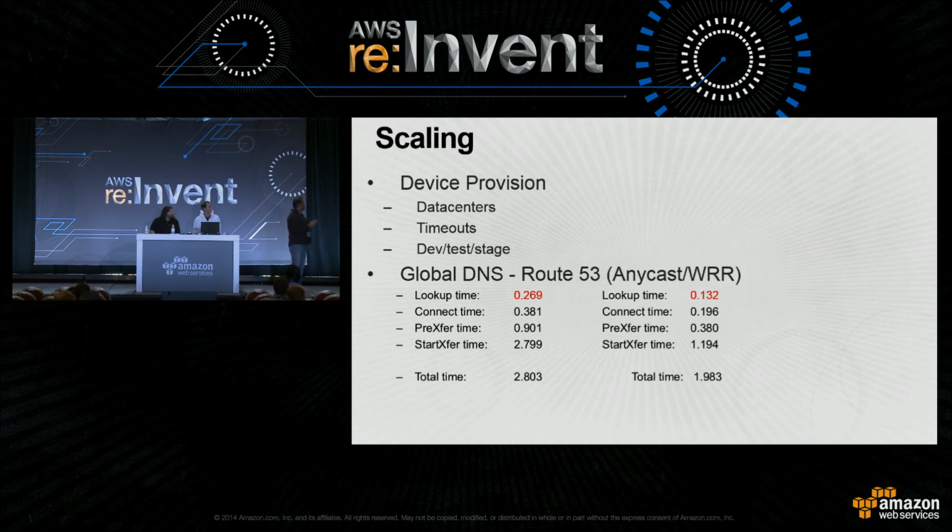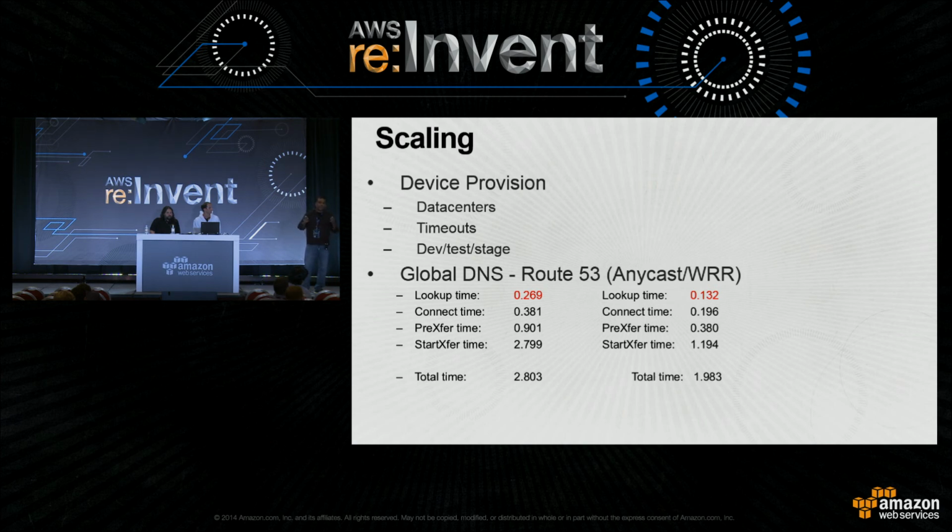The other part I want to talk about is global DNS, which is really important, right? On this slide, what we're showing is, on the left-hand side, if you don't use Route 53 or anycast, you can see you're already losing some factor of milliseconds in this call. This is just lookup. It has nothing to do with your APIs, nothing to do with your images. And if lookup is slow, everything else is going to be slow at some point.